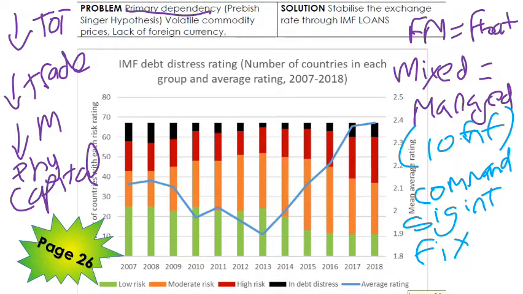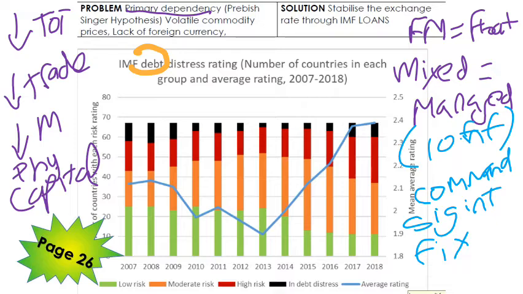The chart that you can see there is more colourful than the one you have in your notes, but what it is trying to show is the different levels of risk that the IMF attributes to countries, specifically debt risk, so countries that may or may not have a significant amount of government debt as a percentage of GDP.